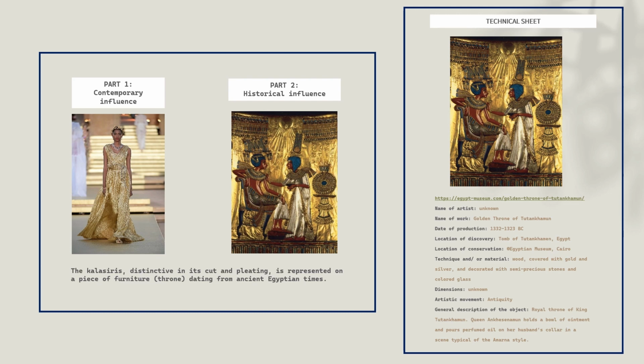It's really the back part of the seat. And here I place it in my report with a technical sheet next to it. So you'll be able to identify the different parts and you can use it as an example.